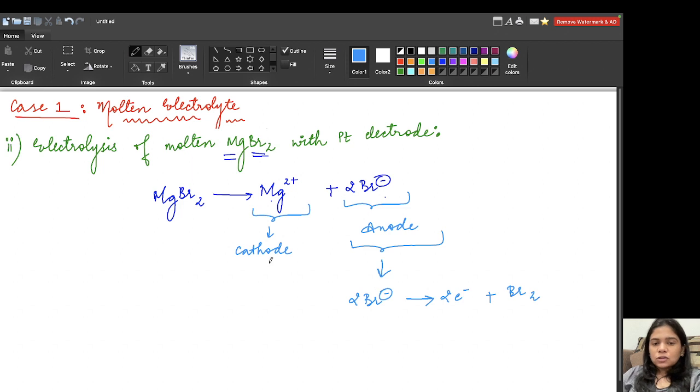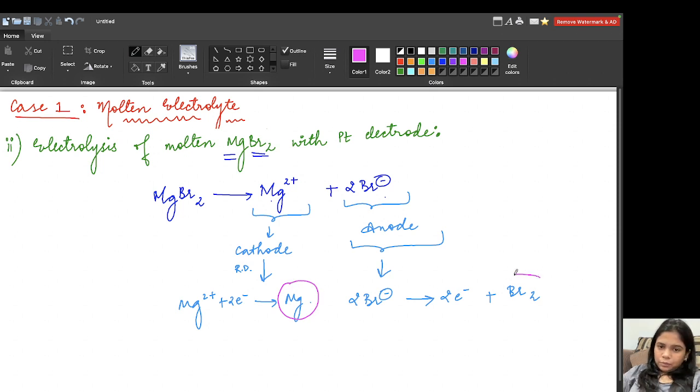And in your cathode, your reduction will happen and Mg2 plus will accept 2 electrons to give you Mg. So in cathode, what is forming? Your Mg is forming. So product at anode is Br2 and product at cathode is Mg. Easy, right? This was the case of molten electrolyte. Electrolysis of molten MgBr2 with platinum electrode.